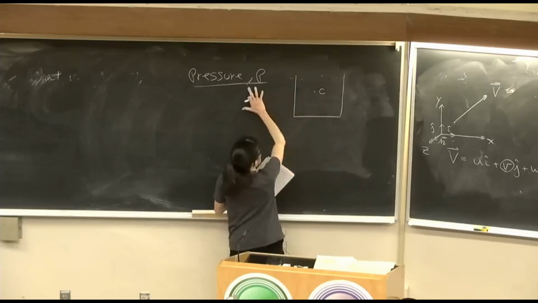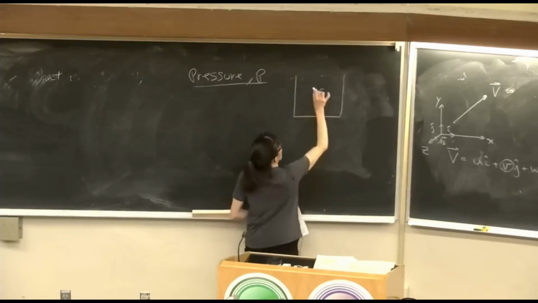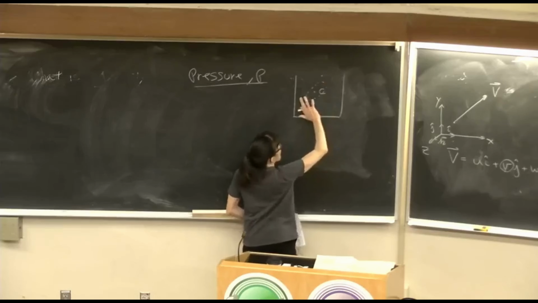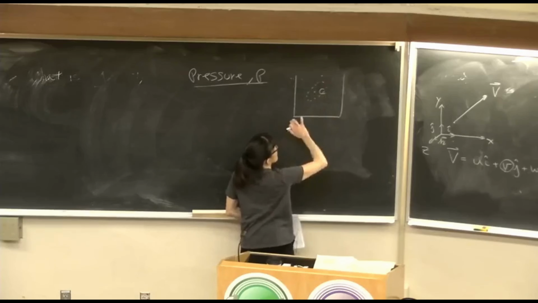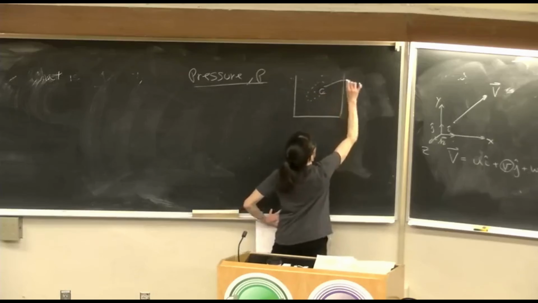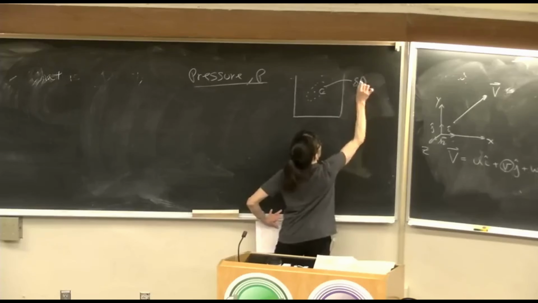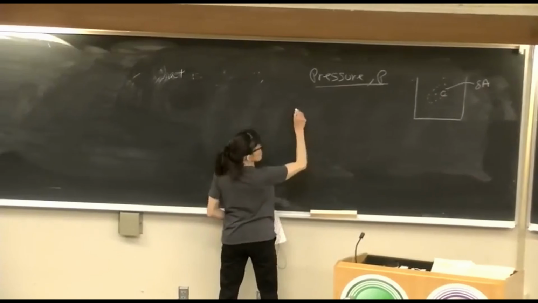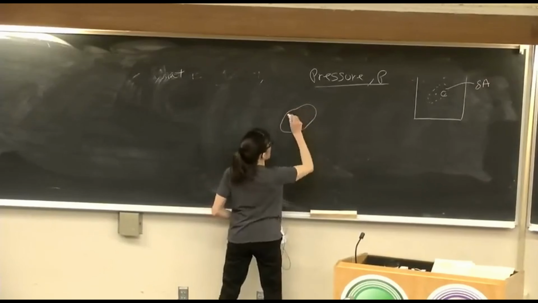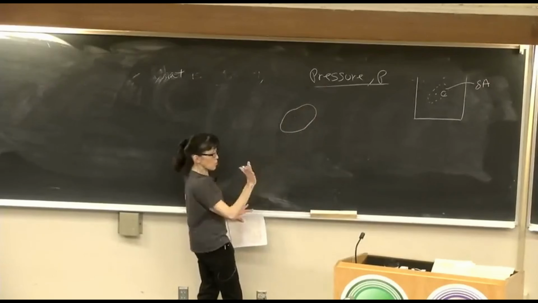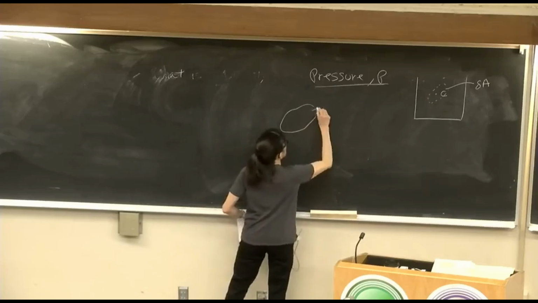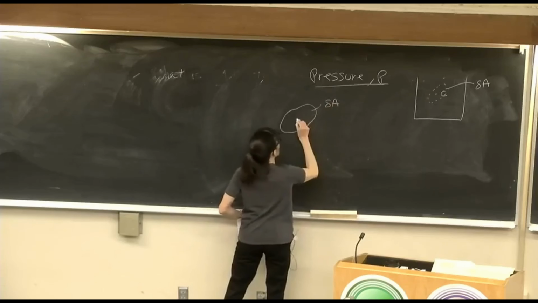But now, since pressure is force per unit area, we can consider some incremental area surrounding point C. Okay? And so this area is going to be delta A. And so if we just look at this delta A, which could have any sort of orientation within the 3D space. So this is delta A, and here's point C.